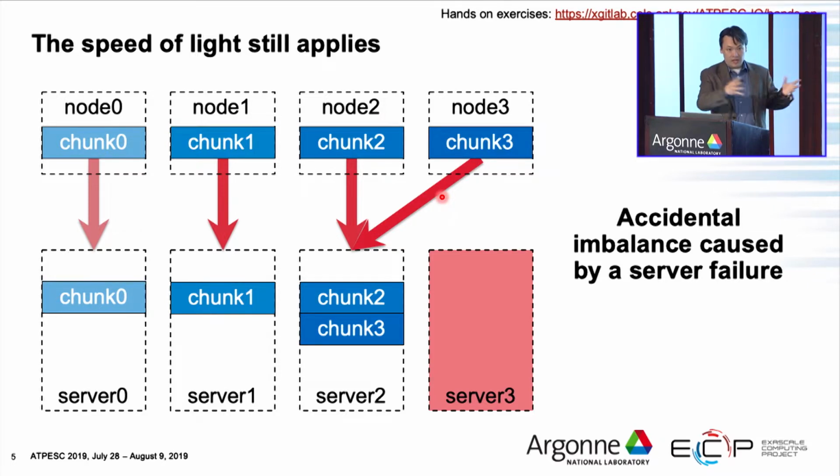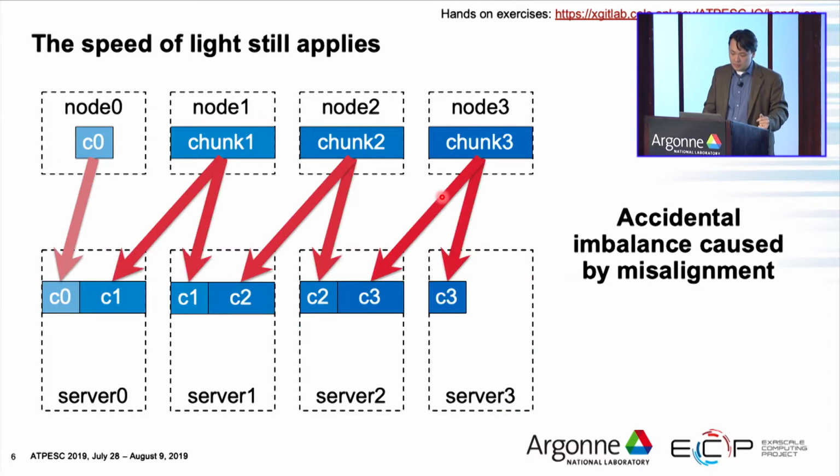While the vast majority of your compute nodes might be doing the right thing and talking to their own I/O server and writing their pieces of data out nicely, you might have some bits of your file that are doubled up on a single server. And true to pretty much every instance of parallel I/O, your total performance is limited by the slowest component within the system because your write call doesn't return until all that data is written down to the media. So not a good case here, but it is something that happens.